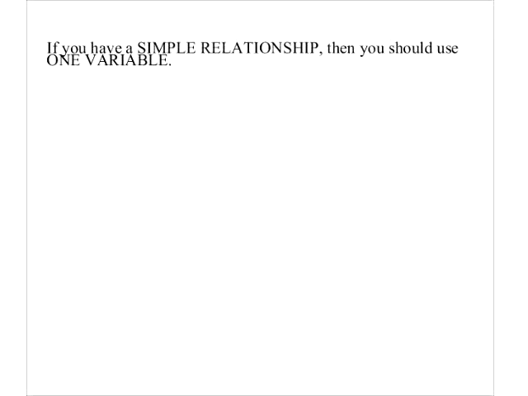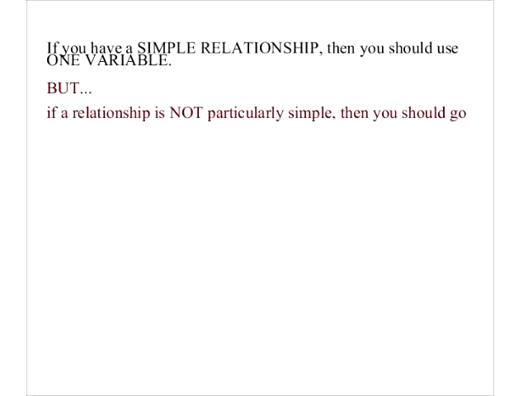But, of course, now I feel compelled to also point out the flip side to this, which is if a relationship is not particularly simple, then you should go ahead and use more than one variable. In other words, don't kill yourself to try to use a single variable.